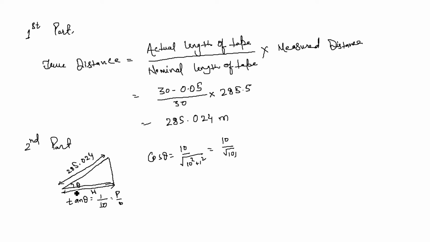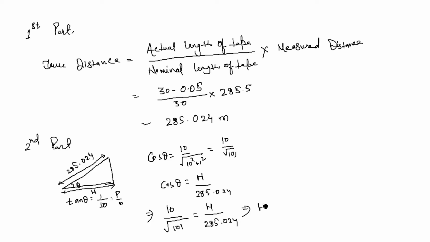Now in this figure we can say cos theta is equal to this base, which we have written as h, divided by this length 285.024. H stands for horizontal distance. So here we have calculated cos theta as 10 by root over 101 is equal to horizontal distance h divided by 285.024.